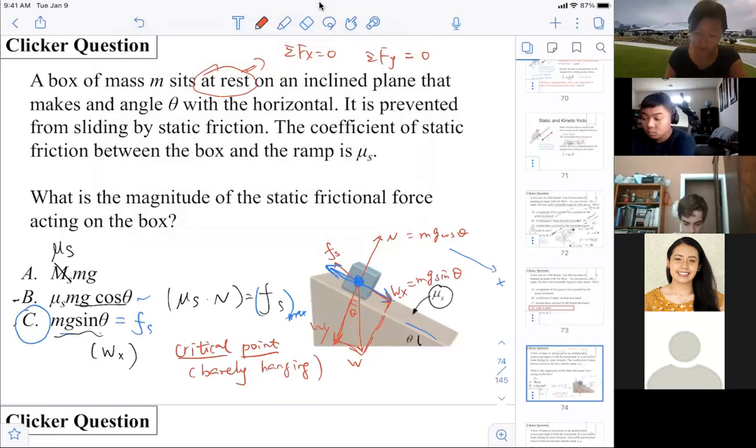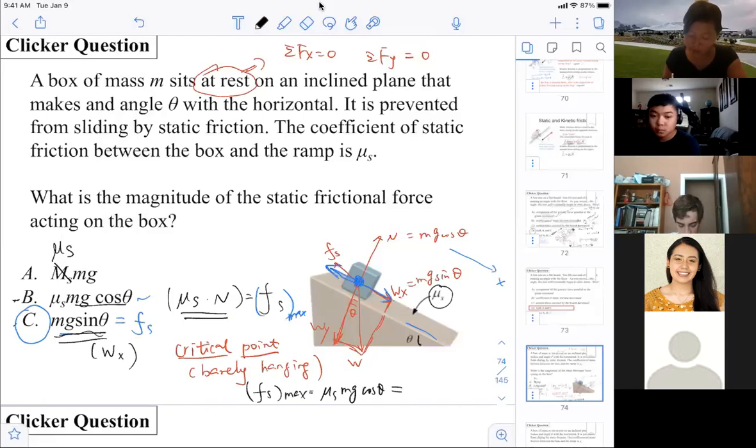We can say, well, if it's barely hanging there, meaning that the static friction is at the maximum, this maximum that it can provide is barely balancing out gravity. So you would say the maximum amount of static friction is mu mg cosine theta as a normal force. At this time, it is balancing out the gravity mg sine theta. So you can see in this case, you do get mu sub s is tangent theta. That's the one you were talking about, one of you guys were talking about earlier.